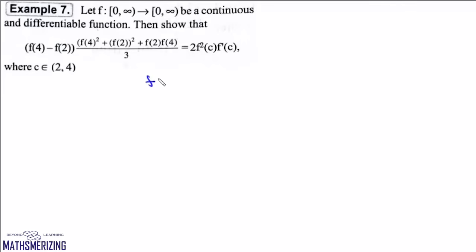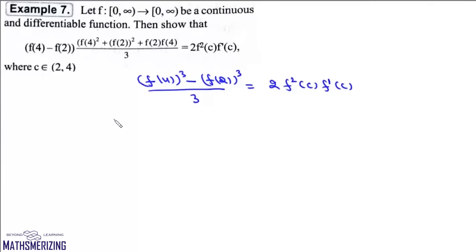So we can actually write this as (f4 cube minus f2 cube) upon 3, and it should be equal to 2 times f square C into f dash C.